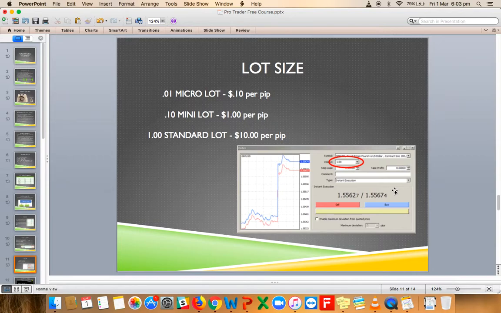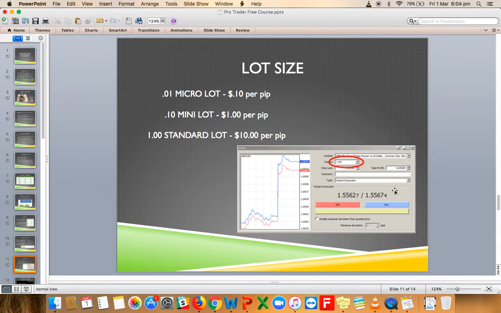One micro lot is equal to $0.10 per pip. A mini lot will be 0.10. That in dollars is equivalent of $1 per pip.